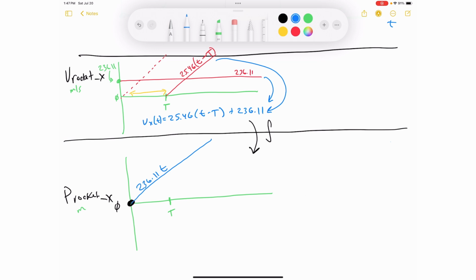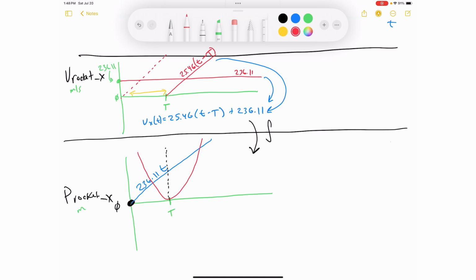But the information is already there. If you look at the velocity at the top, it's 25.46 (t minus T). All you have to do is integrate that, right? And if you do, and maybe I'll draw a little dotted line at T, it will create this function. You take 25.46, and because it's already a function of t minus T, when you integrate it, it becomes (t minus T) squared, and then you take half of 25.46, which is 12.73.